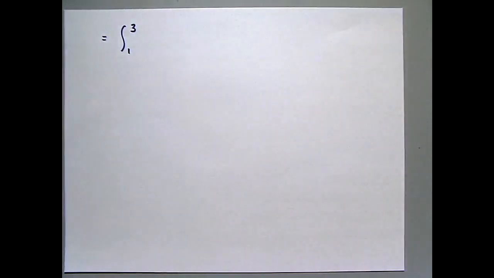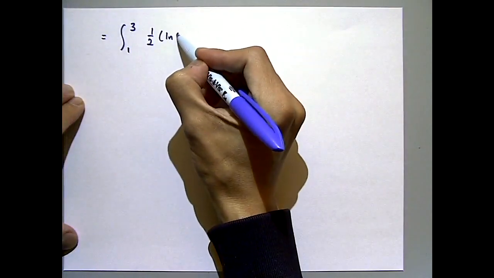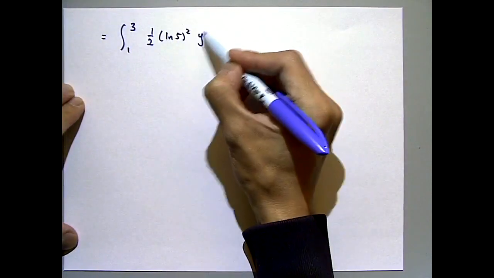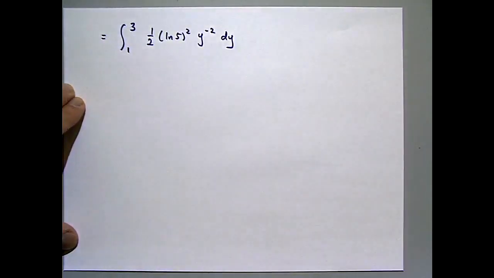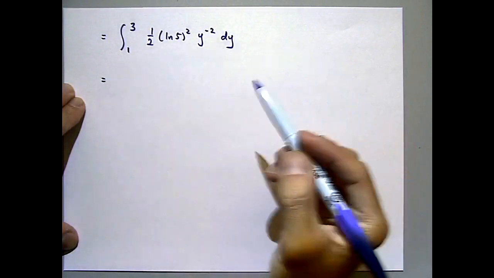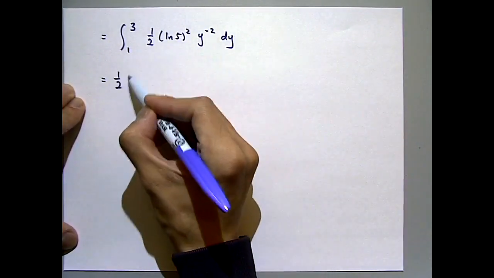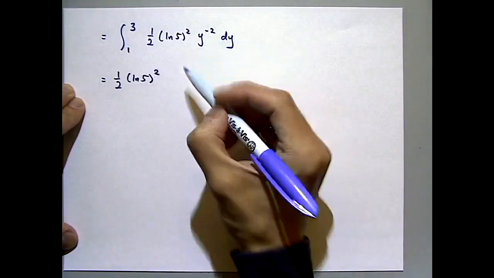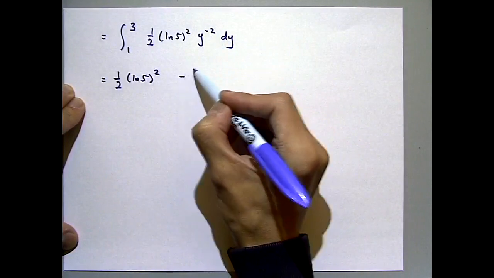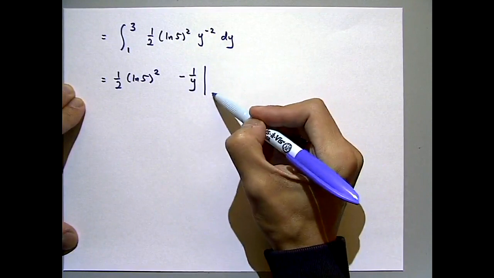So from 1 to 3, this is 1 over 2 ln of 5 squared times y to the negative 2. We'll just use the power rule to do that. That whole thing is a big lump of constant. Take it out. And this is negative 1 over y, from 1 to 3.